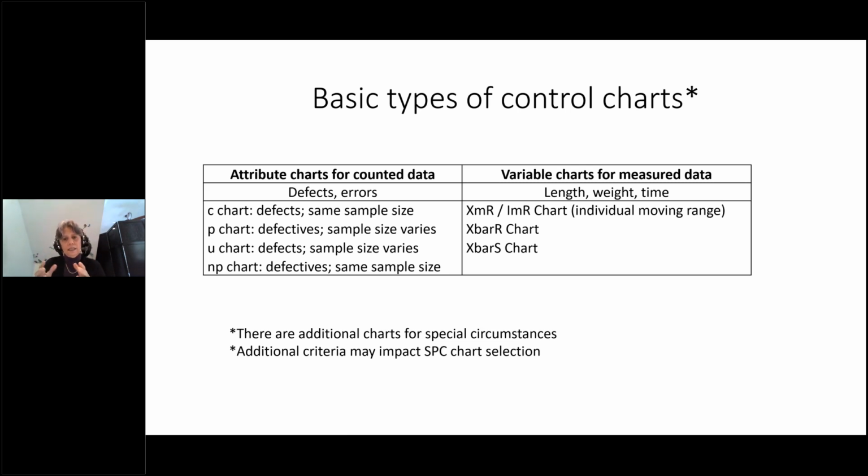And are you looking at a sample size that doesn't vary, or a sample size that does vary? And when we look at variable data, there's a different kind of chart with a moving range, and I'll show you an example of that.